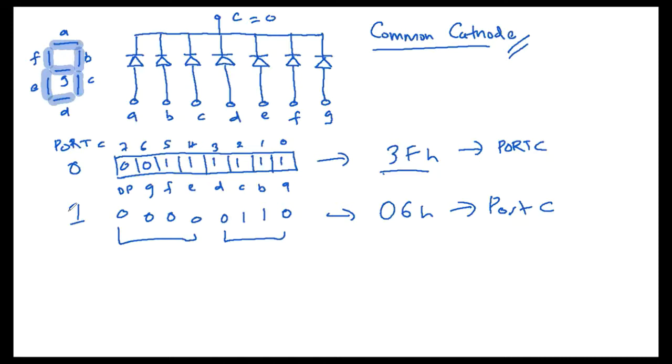If you want to display number 2, the segments that are going to be switched on are A, B, G, E, and D. So A will be high, B will be high, C will not be high, D will be high, E will be high, F will not be high, G will be high, and decimal point will be low.